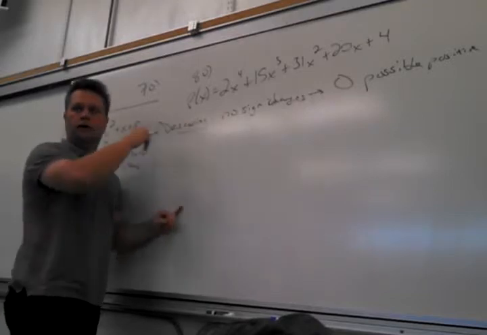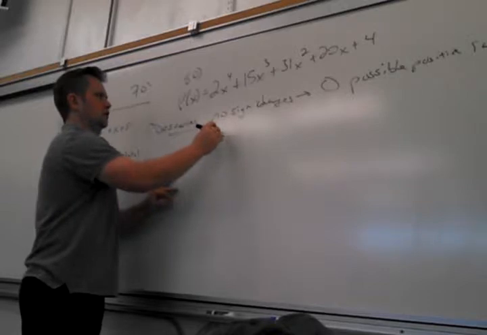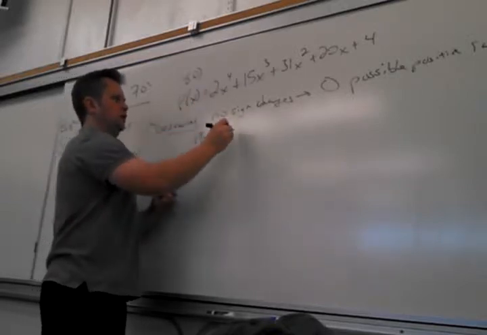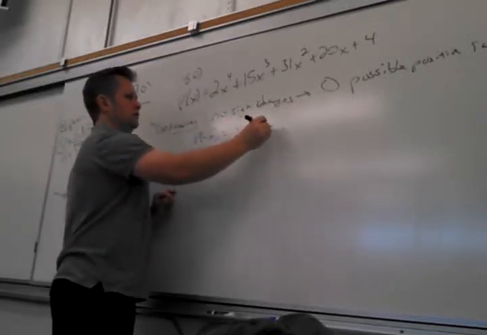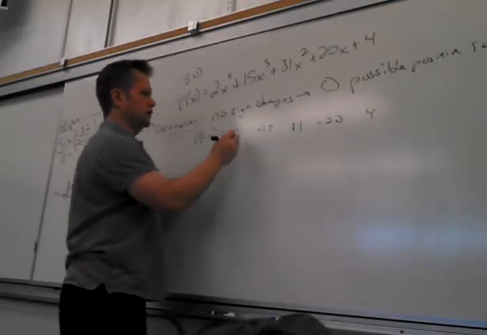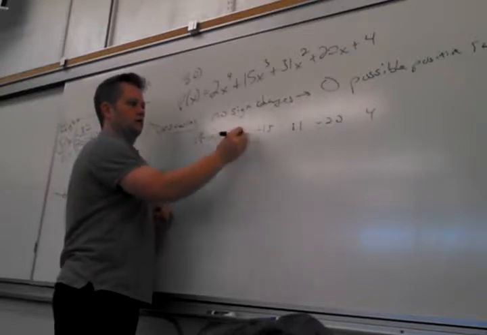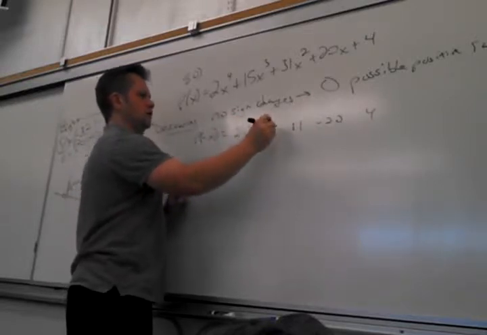What's one more thing Descartes might help me with? What else do I have to look at for that? P of negative x. And all that would be, all the odd terms change sign. So how many possible negative roots are there? You can do this. 4.